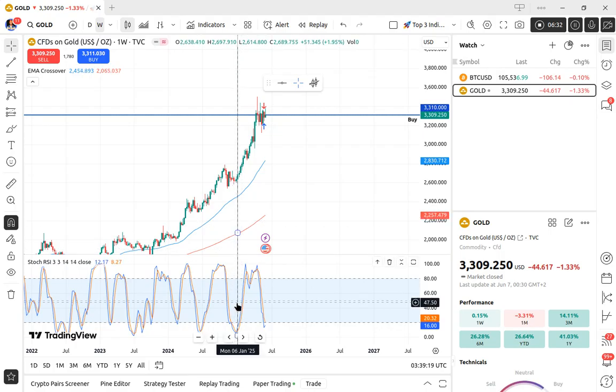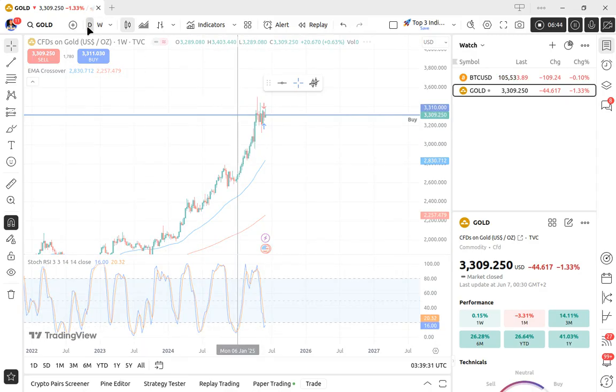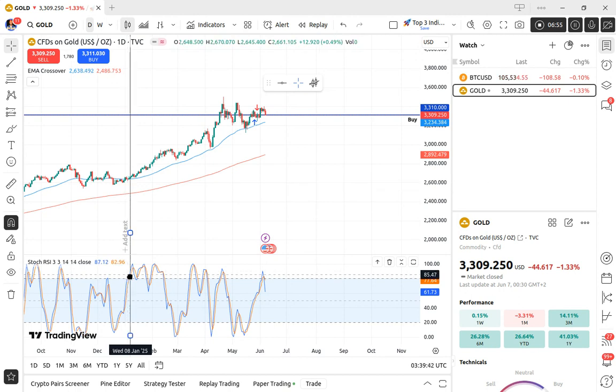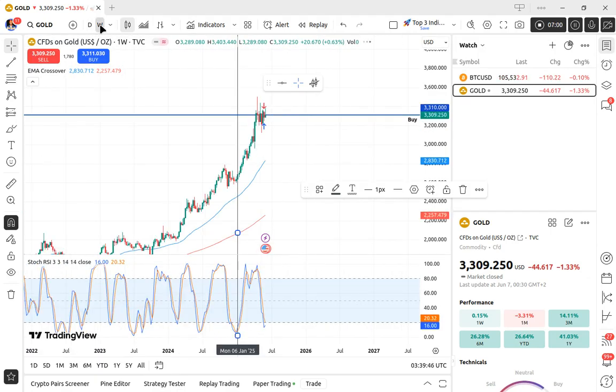So this is the weekly chart, and you can see it's in an oversold zone on the week. But if you skip now to the day, you notice it is in an overbought zone. Okay, so we can move it a little bit somewhere there. So you can kind of see what's happening, right?